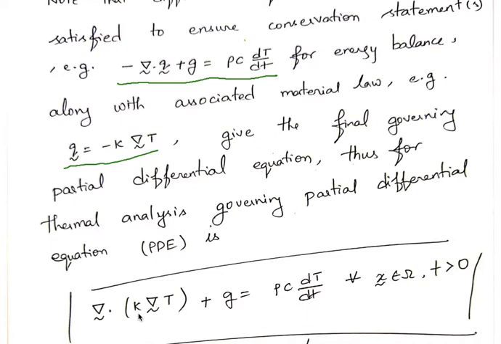So copper has nearly 20 to 25 times higher thermal conductivity as compared to stainless steel, and aluminium has about 2 times lower thermal conductivity than copper, and about 8 times higher as compared to steel.